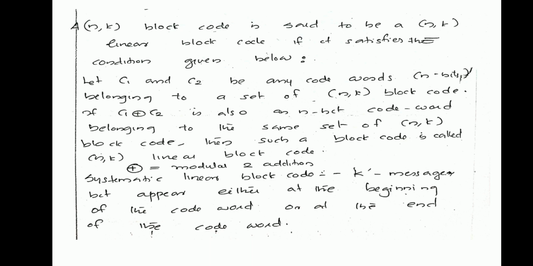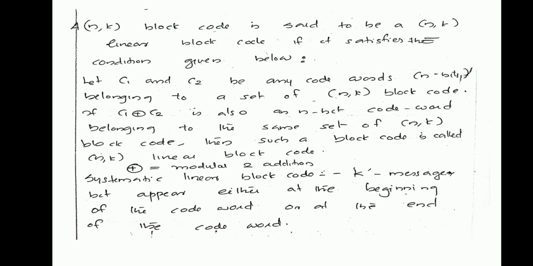In a linear block code, if you add any two code words, you get a third code word that is in that set itself. If two code words are added and the third code word is not in the set, then it is not a linear block code.